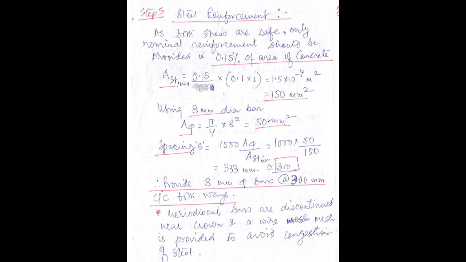So 1000 multiplied by 50, the area of the 8 mm bar, divided by AST min 150, gives us 333 millimeter. So this we are approximating as 300, though you may take any other value as 340 or 350 also. So finally what is our decision? Provide 8 millimeter diameter bar at the rate of 300 millimeter center to center in both ways.